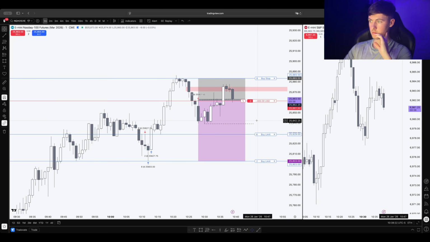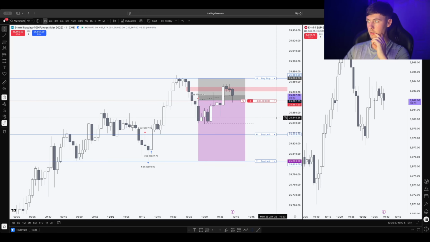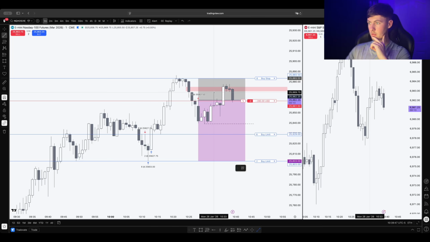Okay, nice. Want to see a clean displacement lower from here. Ideally, if we can close below this bullish fair value gap. I like how ES is still holding below that low at 1033 because we still have a bearish SMT there. Getting real close to inversing that gap.